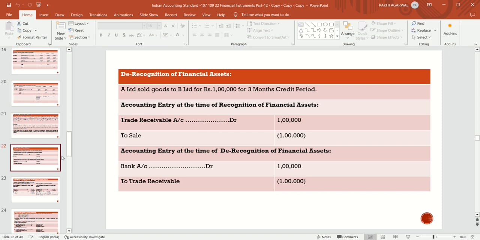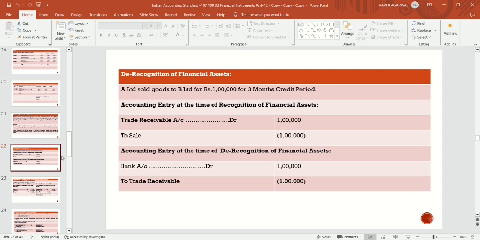After 3 months, when A Limited receives the payment, it will de-recognize that financial asset, that is the debtor which it created in its books.